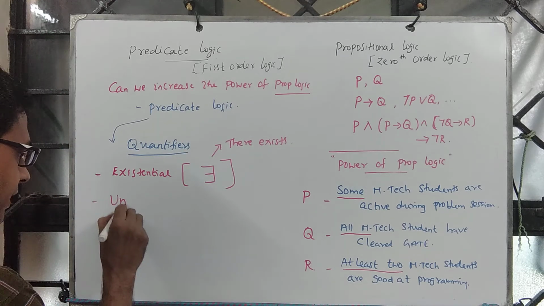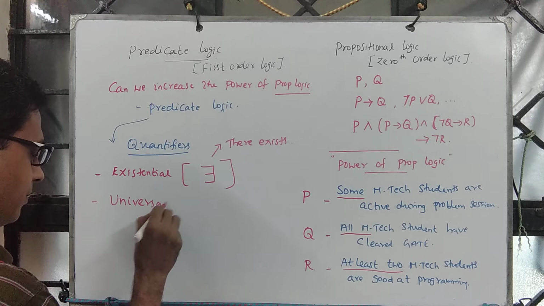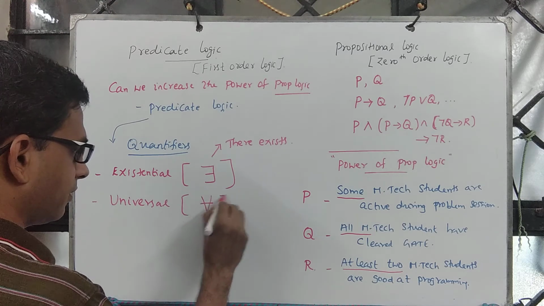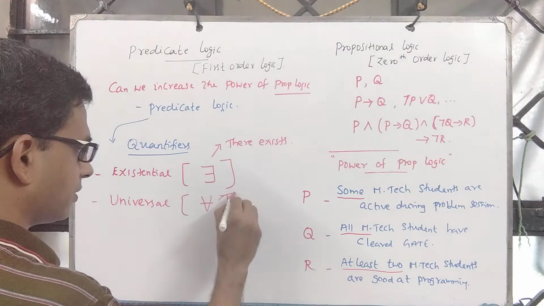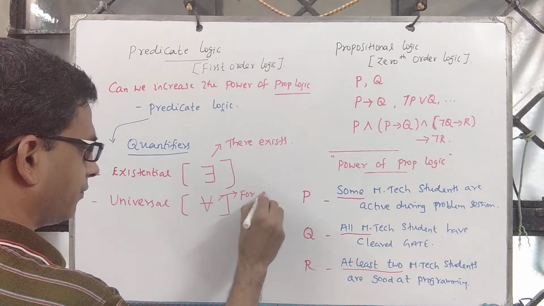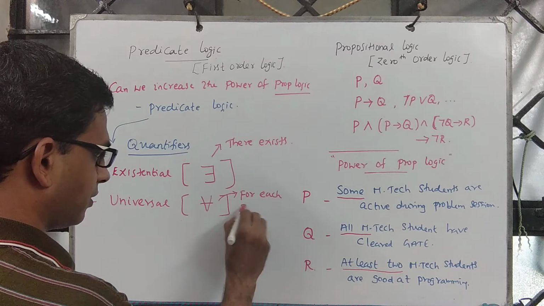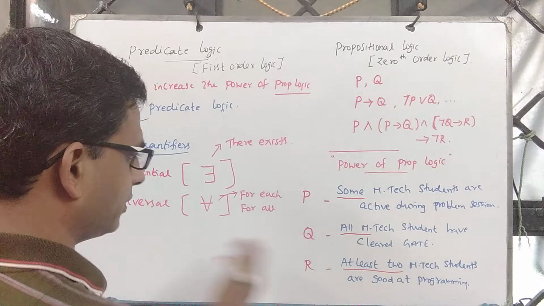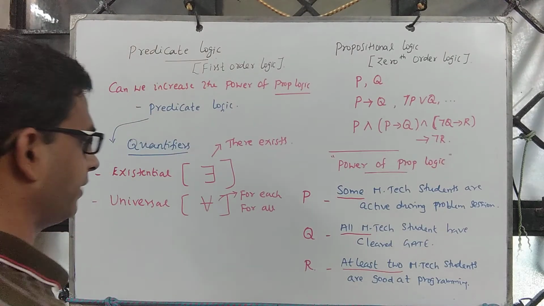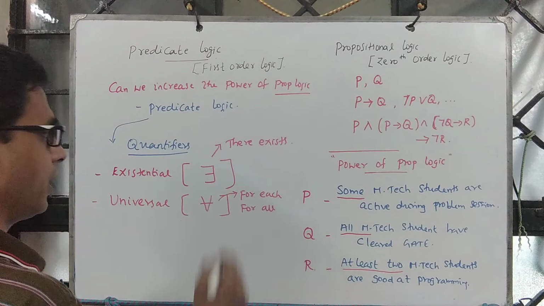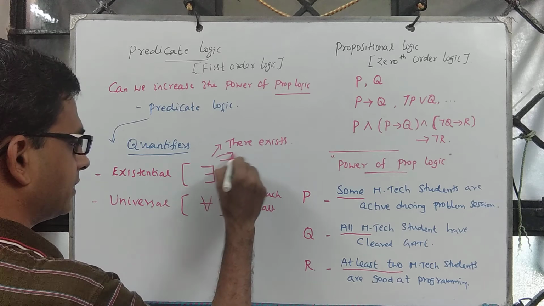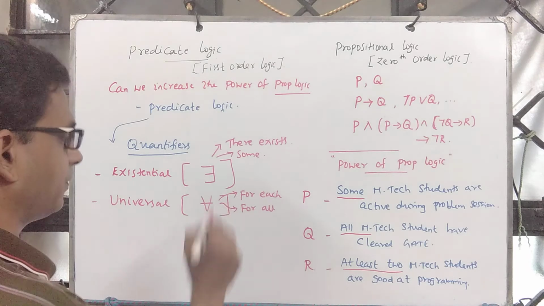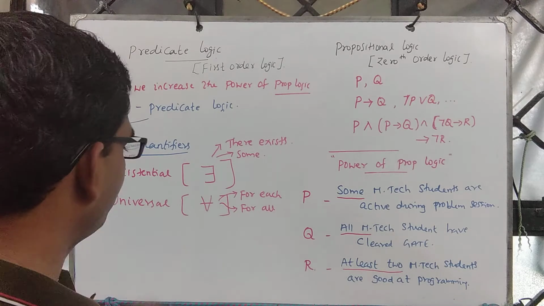The other quantifier is the universal quantifier, inverted A. This means for each, for all. And so this conveys multiple information. There exists some, all that falls into this category.